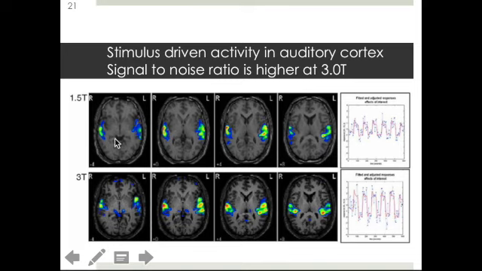So this is an example of certain voxels that are active a few seconds after a sound is presented. These are tracking when the sound is on and when the sound is off. You can see how some of these voxels are more active when sound is being played and less active when sound is not being played.